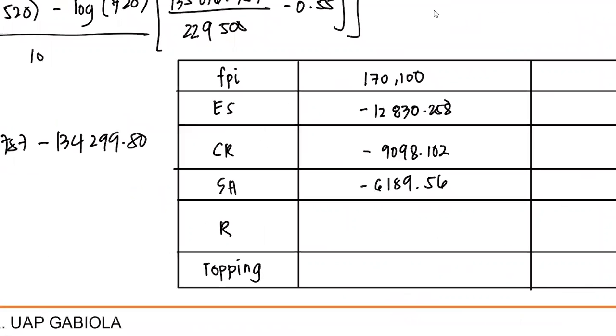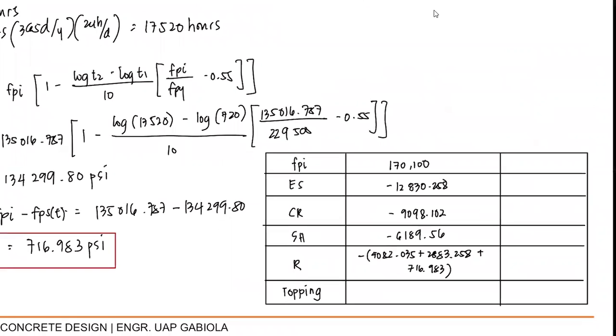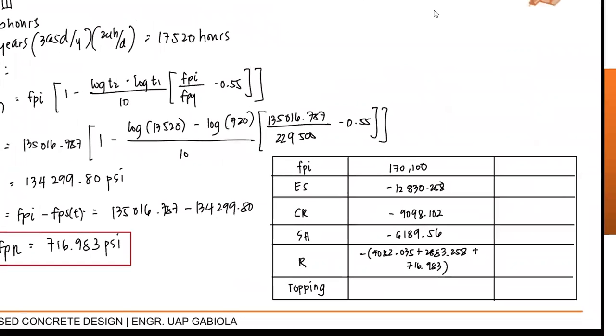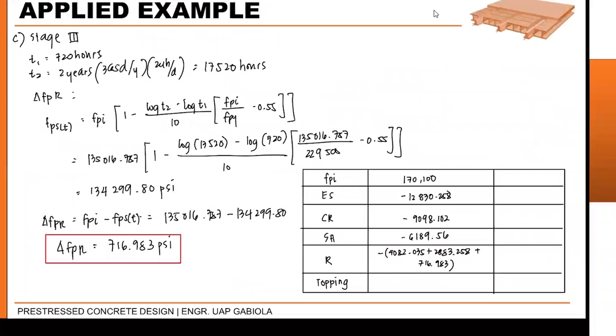So, minus, tapos add na lang natin, 4082.035 plus 2883.258 plus 716.983.